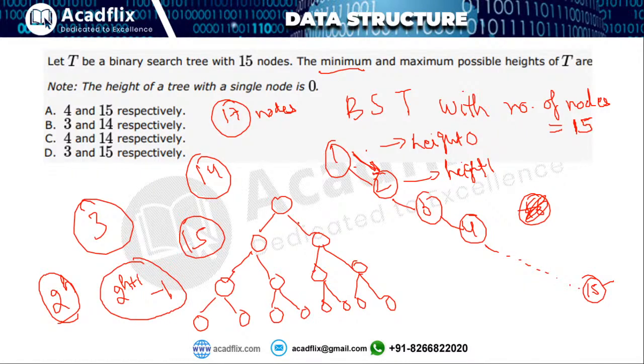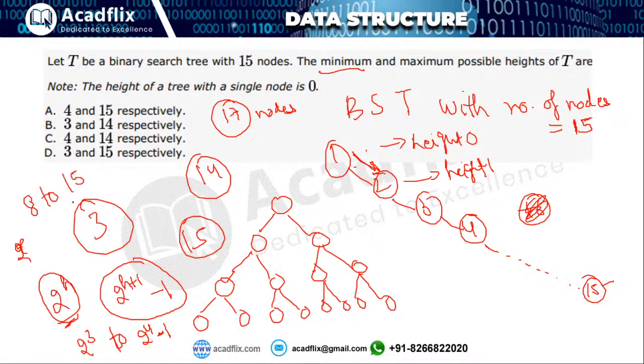Let's say if I am having a complete binary tree, then the minimum number of nodes in that would be 2 raised power h and the maximum number of nodes would be 2 raised power h plus 1 minus 1. तो अगर मैं यहाँ पर h की वैल्यू 3 पुट करूँ तो it would be 2 raised power 3 to 2 raised power 3 plus 1, 4 minus 1. So it would be 8 to 15.